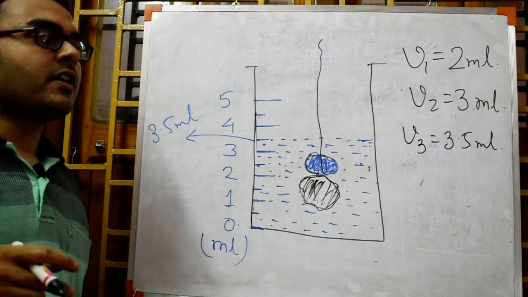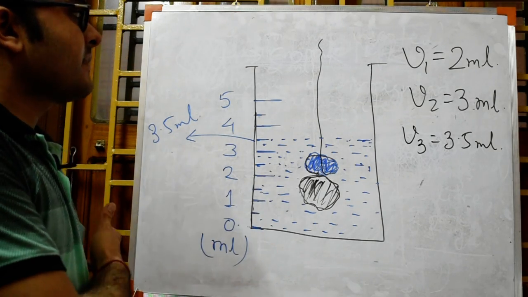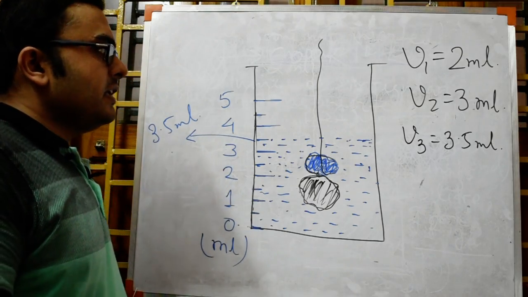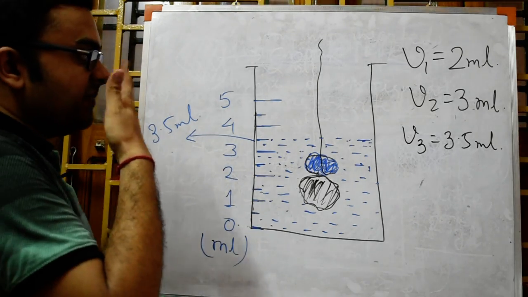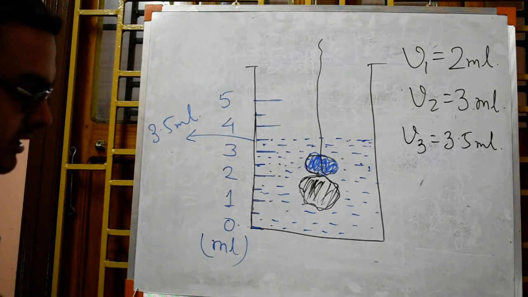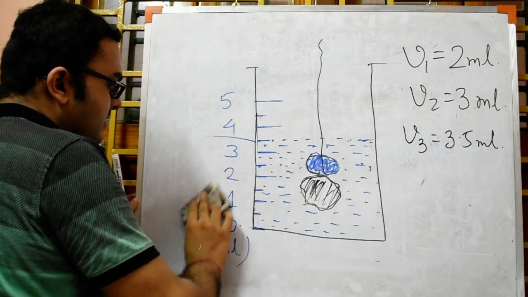Now how can you measure the volume of this cork then? I think you have noted down the observations, I am just rubbing it off. If you have not, please pause the video and note it.